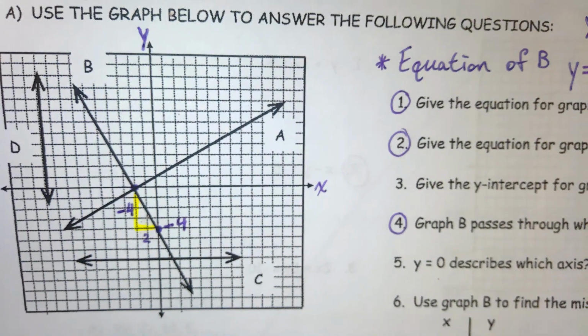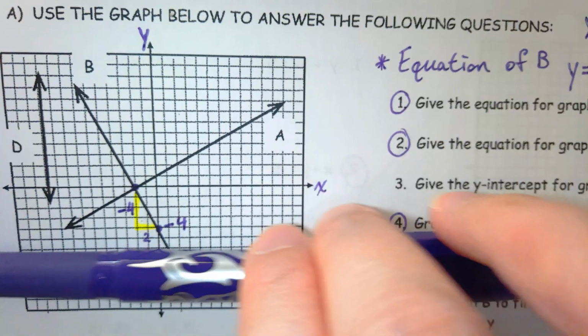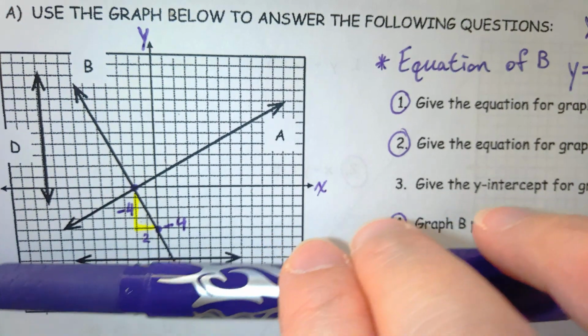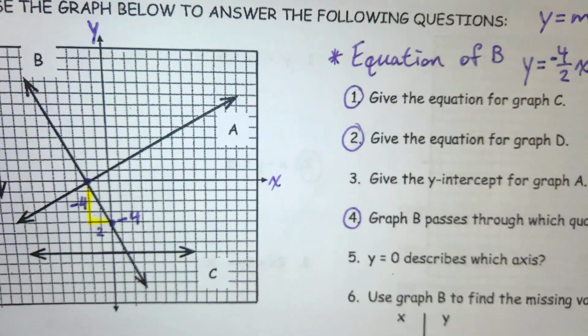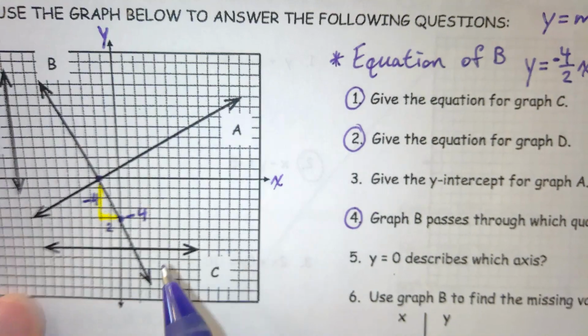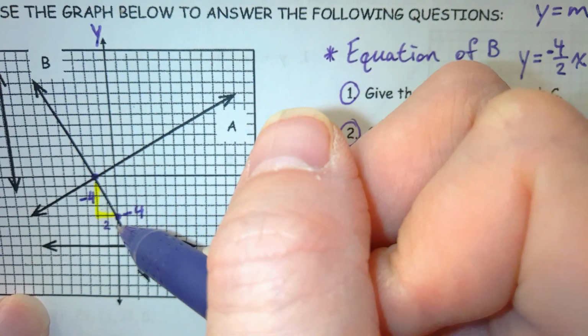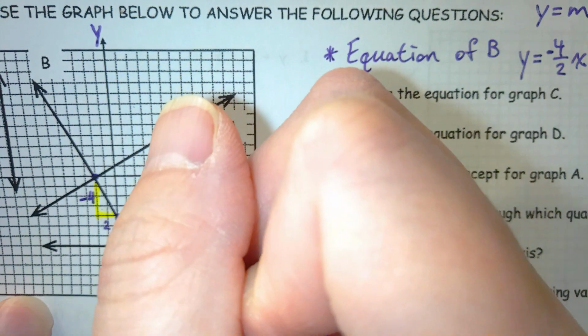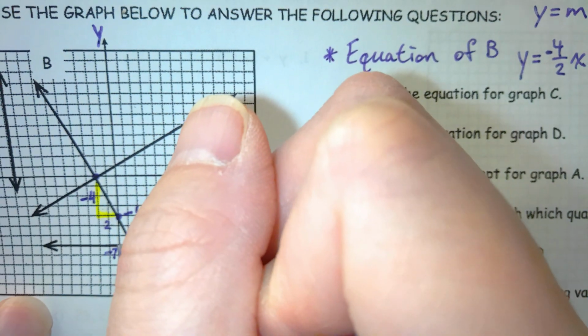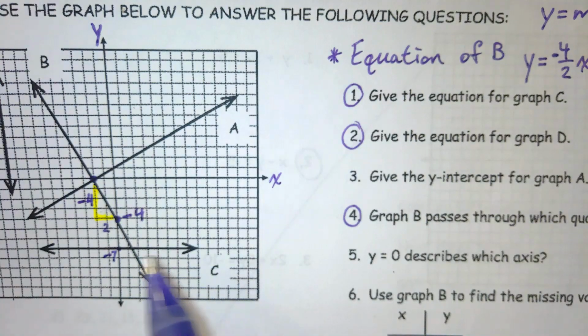Then what about this one right here? For a horizontal line, what is your slope? Yeah, 0. Let's see what the y-intercept is here: 1, 2, 3, 4, 5, 6, 7. No matter what your x value is, your y value is always -7.